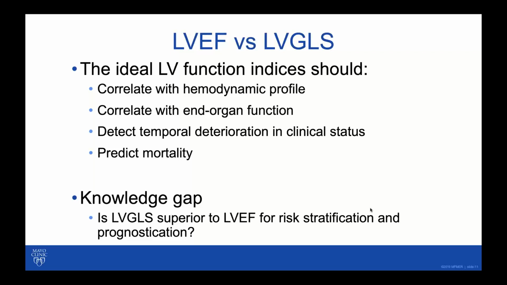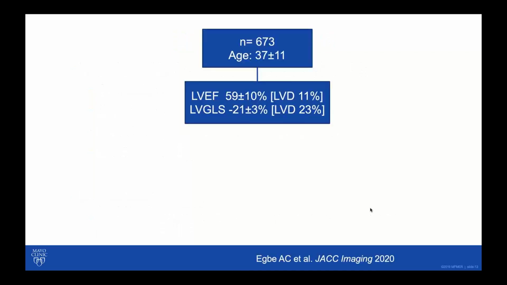And of course, it should be able to predict mortality and help you change your management plan. But we don't have this data, hence the knowledge gap. So we're trying to determine, is LVGLS superior to EF in this population?